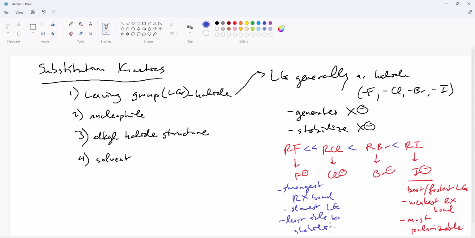We can see F minus almost as a point charge, where it's not polarizable at all. It's a small anion. It can't really distribute the negative charge over a space large enough to make it functionally useful.